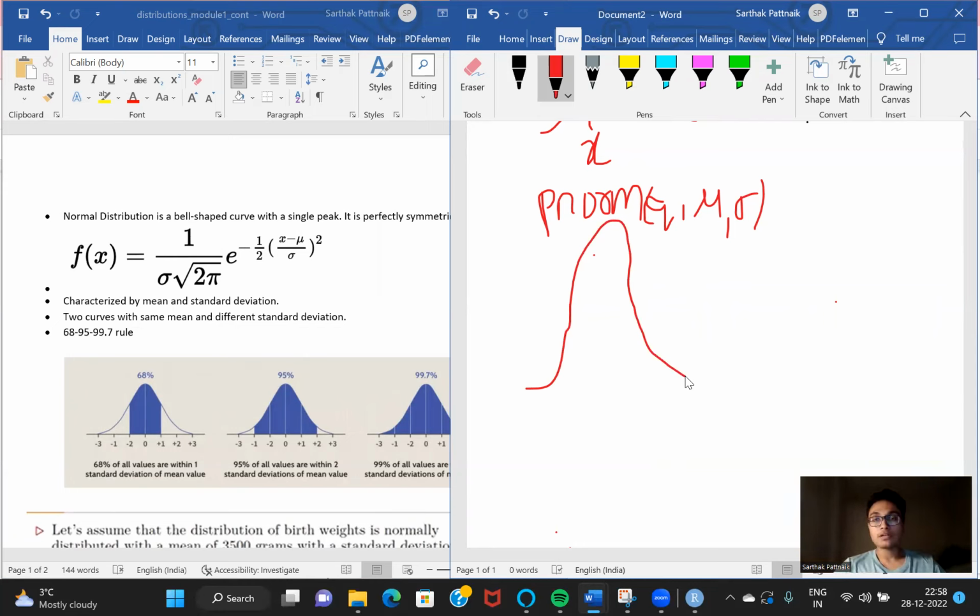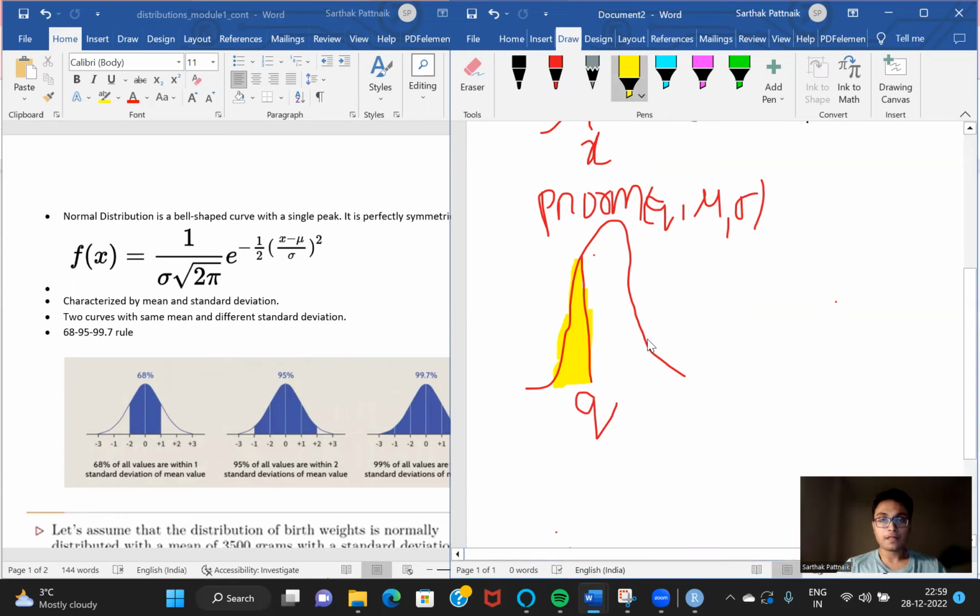So pnorm gives you the proportion of values which lie towards the left of point q. So if this is my point q, what pnorm gives me is this proportion or this area, however you would like to call it. So it basically gives you the proportion towards the left of q.